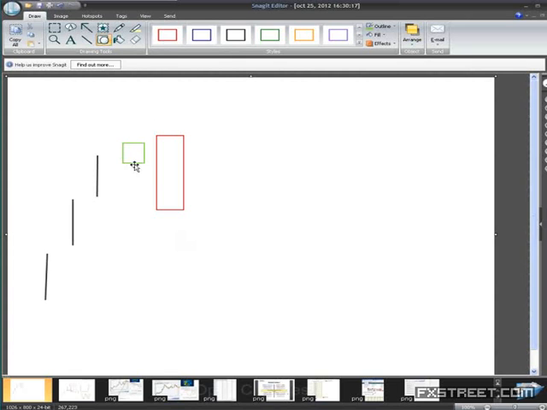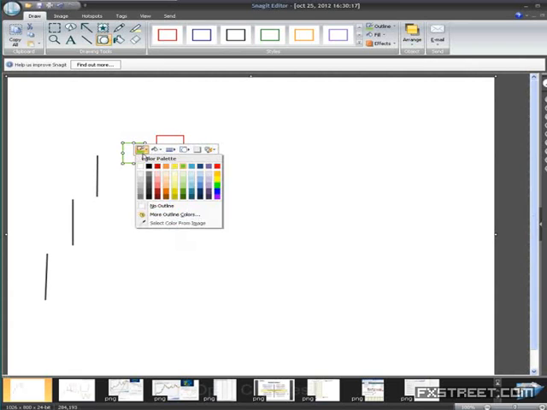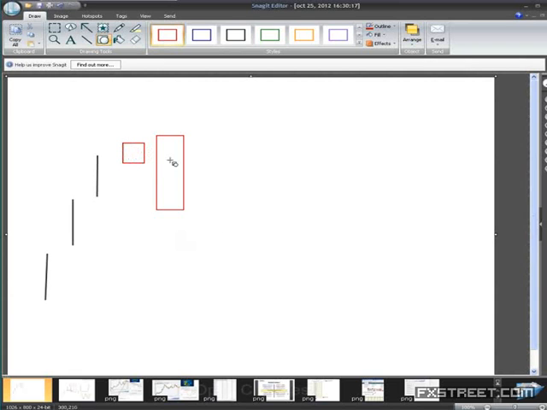I mention this because not only the name changes. In this case, if we don't have shadows, it would be called a bearish belt hold.